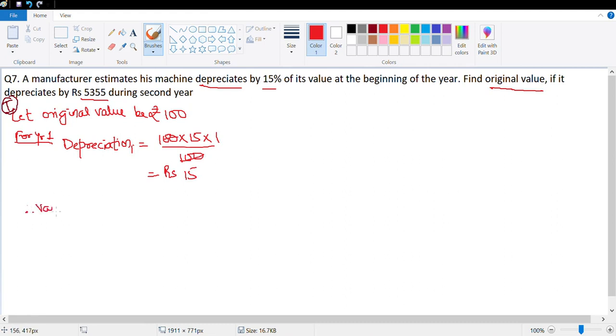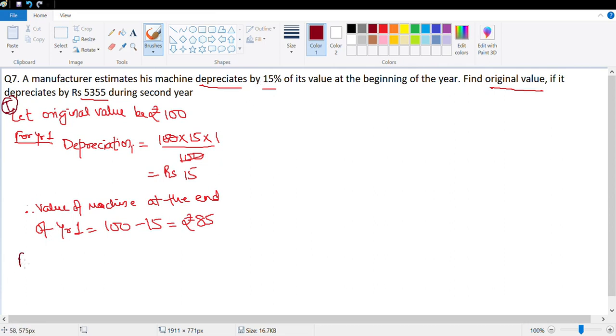Therefore, the value of the machine at the end of year 1 is equal to 100 minus 15, which is rupees 85. So now at the end of year 1, which is basically the beginning of year 2, the machine value is 85. Let's look at year 2.